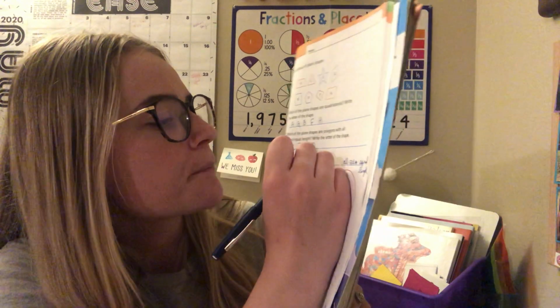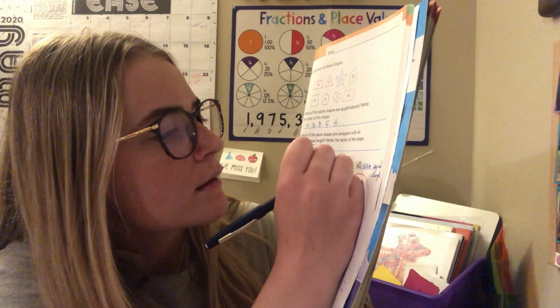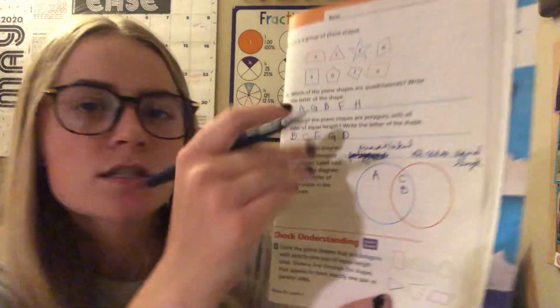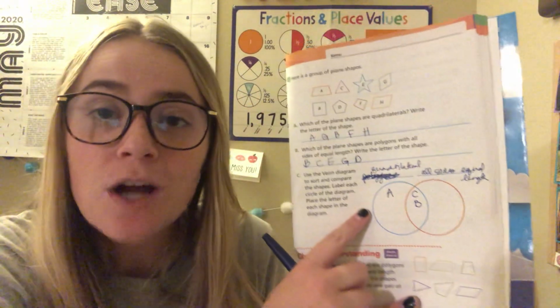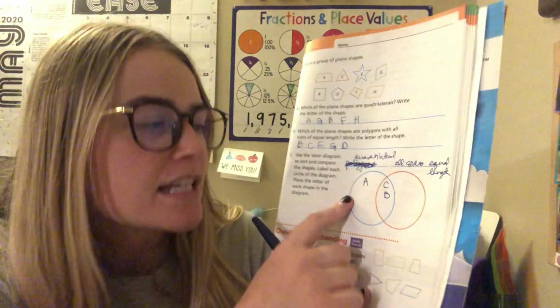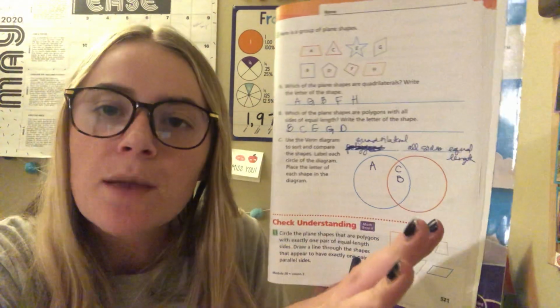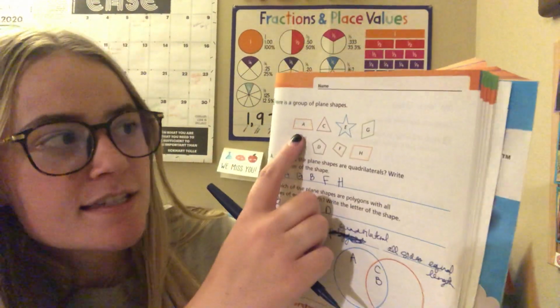So I'm going to mix that up. Sorry. So this side is quadrilateral. This makes more sense. This side is quadrilateral. This side has all sides of equal length. So we're still okay with what we've done now. A is still a quadrilateral.